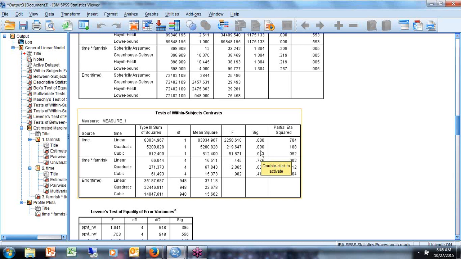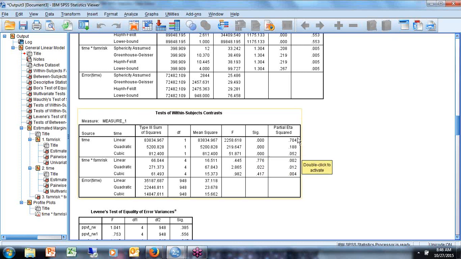We tend to assign the relationship to the highest order of the polynomial. So in this case, it's going to be 0.000 here, which is a cubic effect. So since we have a significant cubic effect, we're going to describe this relationship as cubic.